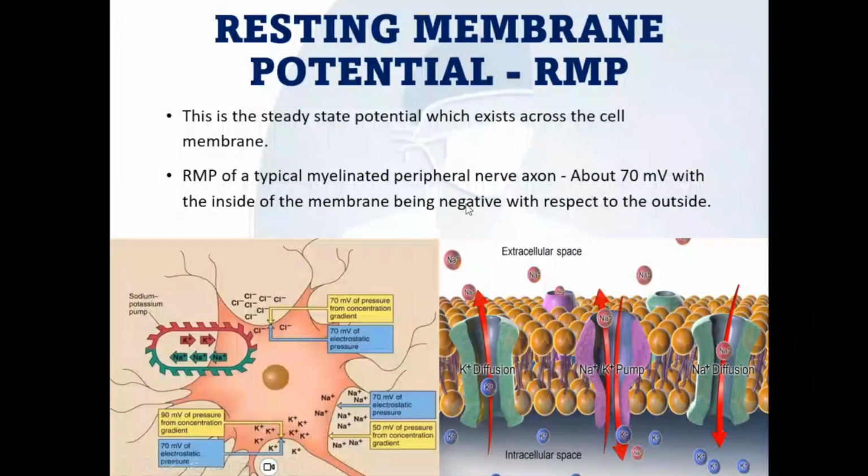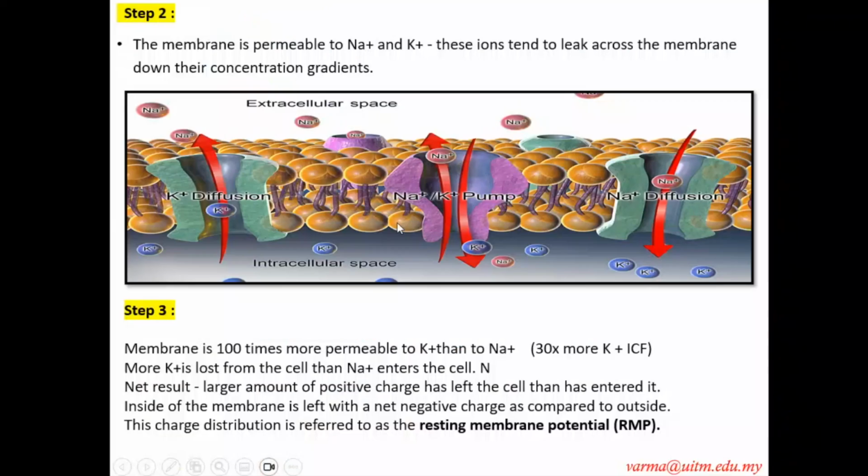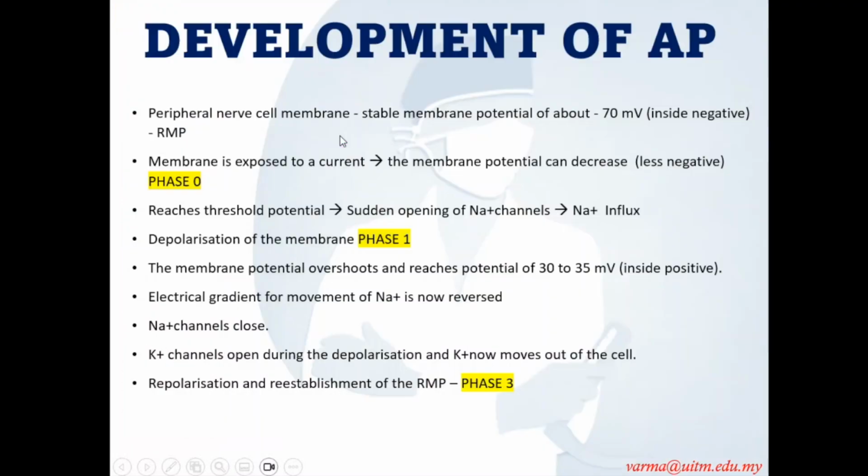Much more potassium leaks out from inside to outside than sodium coming into the cell, thus creating relatively more negative charges inside, which is negative 70 millivolt. That's how resting membrane potential is created.